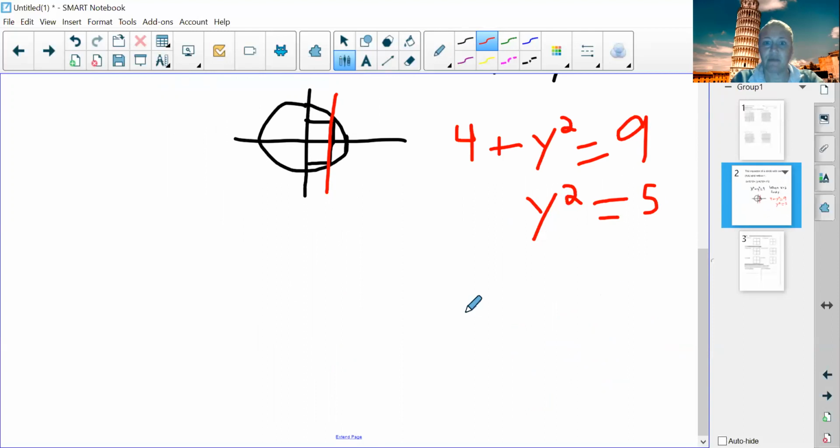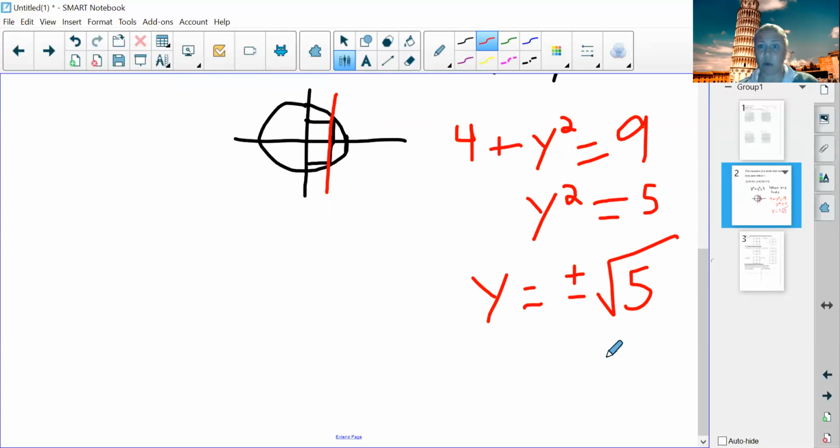If I take the square root of both sides, I have to consider plus or minus the square root of 5 as my possible answers. So I have 2 different possible values. That's something we know about a circle: a circle is not a function.